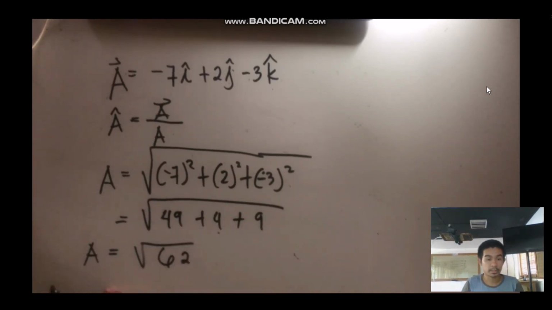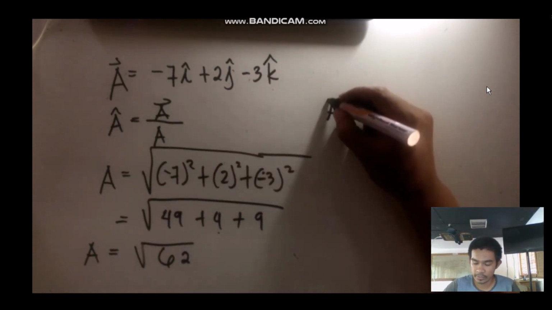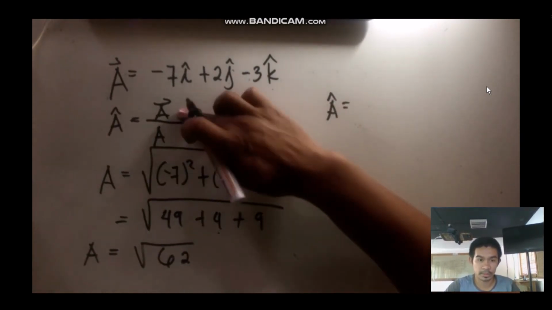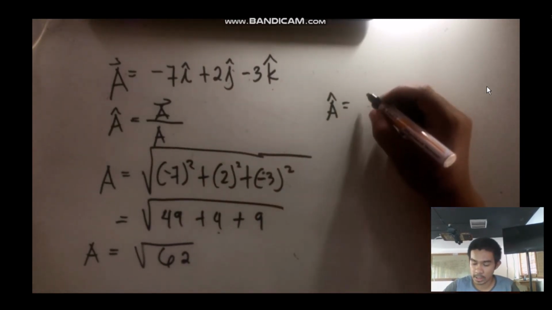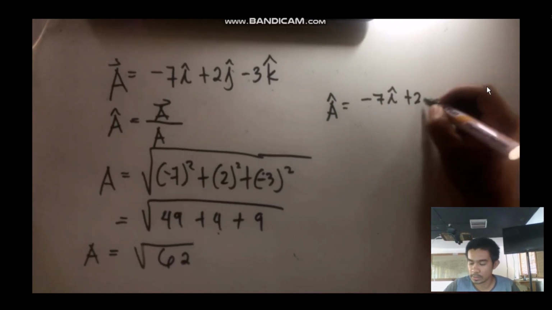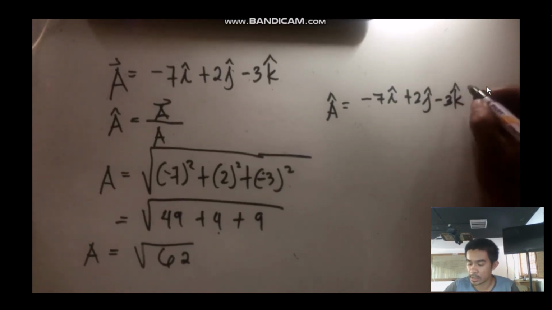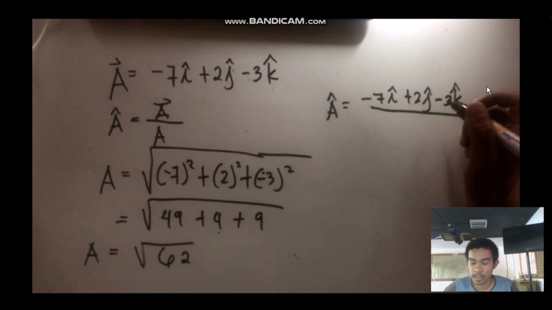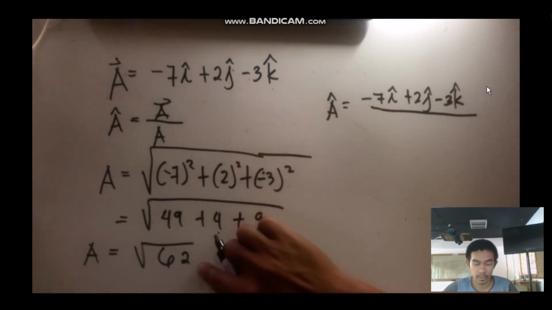So the magnitude of vector A is the square root of 62. The unit vector of vector A is the vector itself over the magnitude of that vector. That is negative 7i hat plus 2j hat minus 3k hat over the square root of 62.